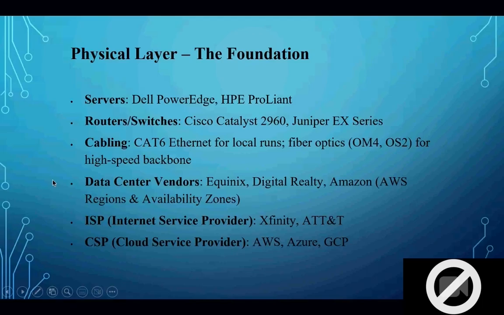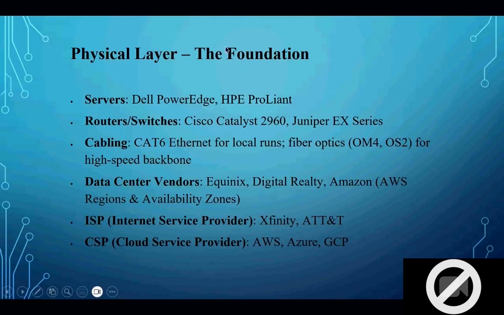There is so much other networking equipment that it's not even possible to mention it all here. But I forgot to put really important things like UPS, which is uninterruptible power supply, and also PDU, power distribution unit. Those are really important pieces of equipment in data centers.